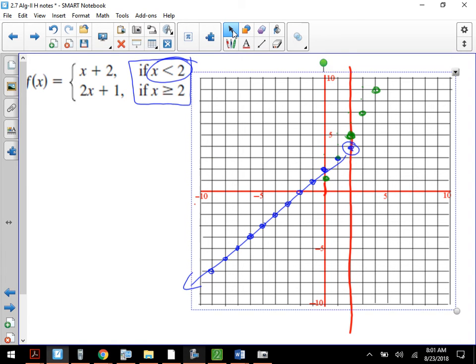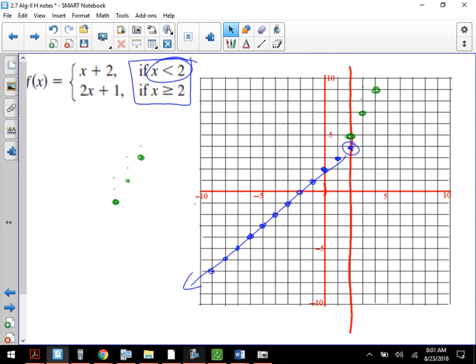These first few dots that I put on there, where I started at 1, went up 2 over 1, up 2 over 1, I don't have to worry about those, but I still have that first dot when it hit 2. And that's a solid dot there at 2 because it's greater than or equal to 2. And I'm moving for values of x that are greater than that. So I just continue this graph going this way.